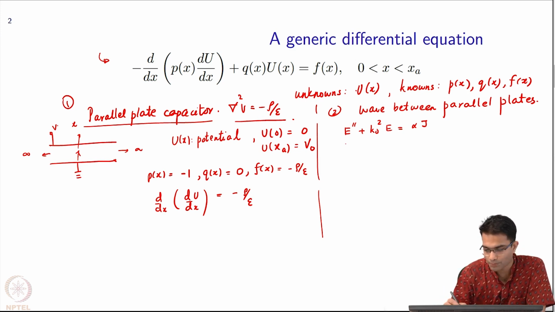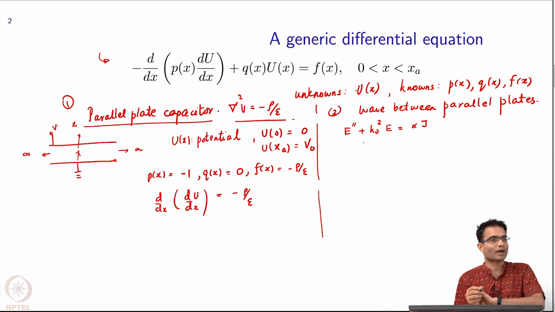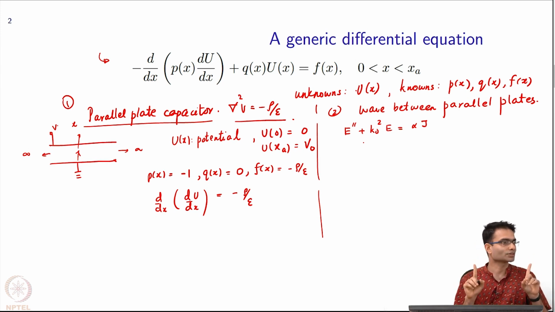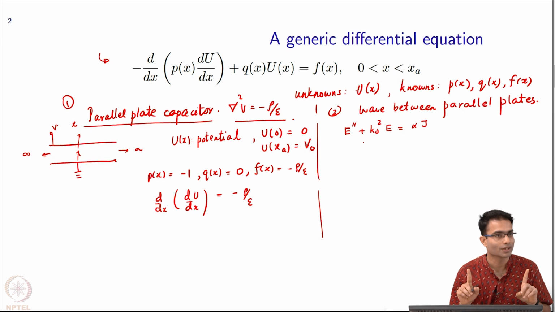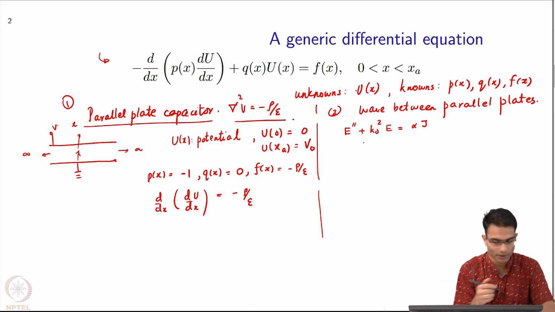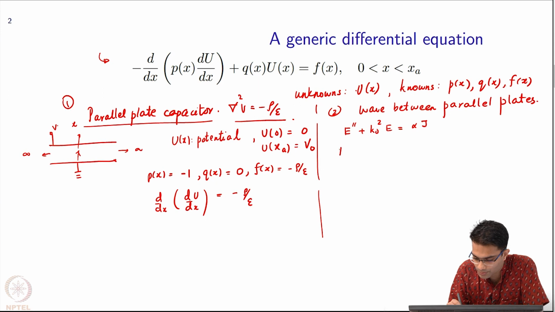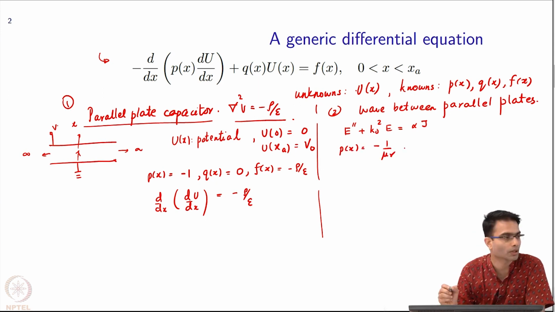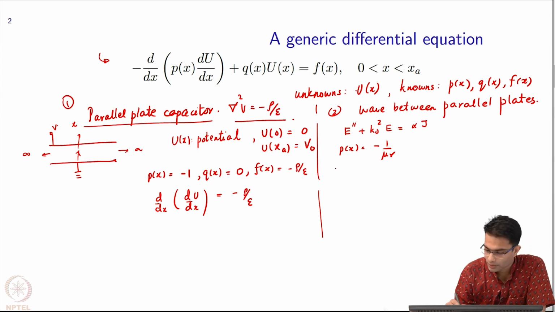Actually, it would be tempting to set p equal to minus 1, but remember epsilon r and mu r need not be constants, right? So the same trick that we had to use to eliminate H from Maxwell's equations, we had to take a 1 by mu r. So this p of x will in fact be minus 1 by mu r. So the first term will become like this.